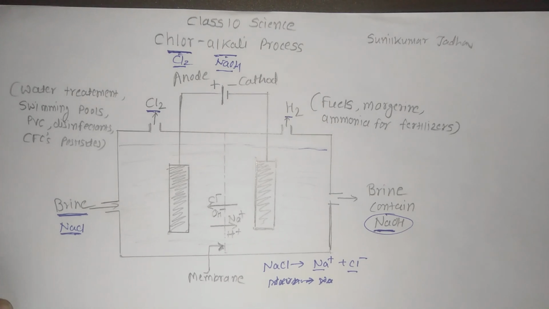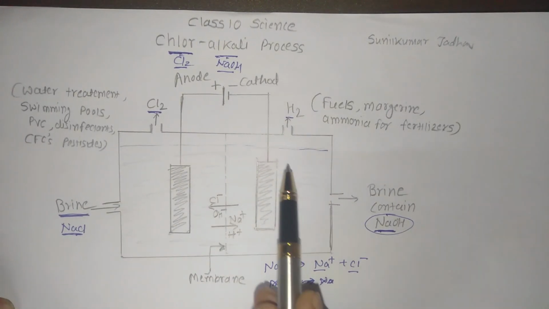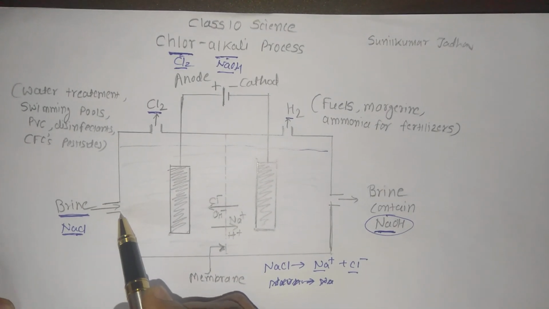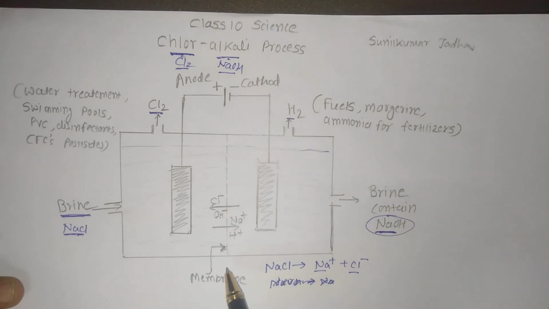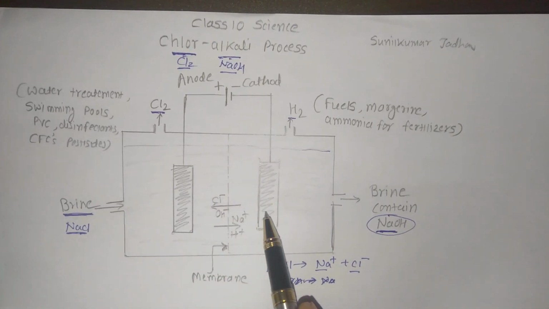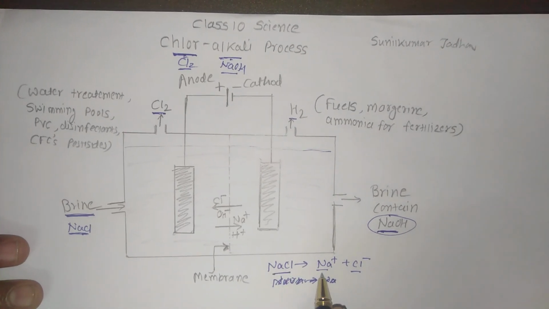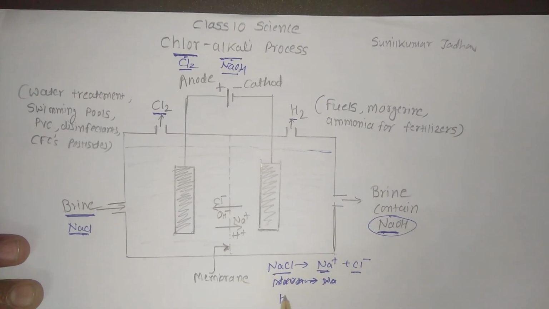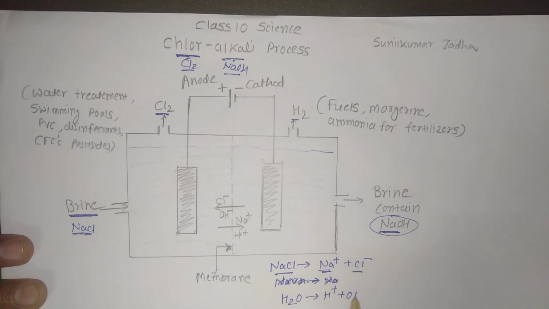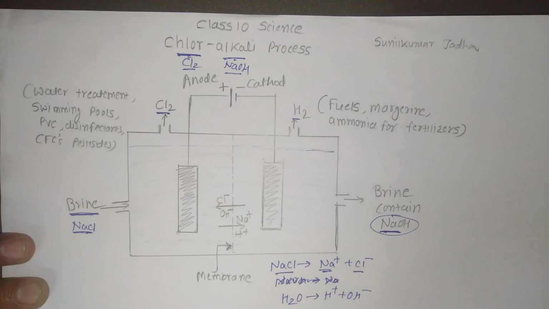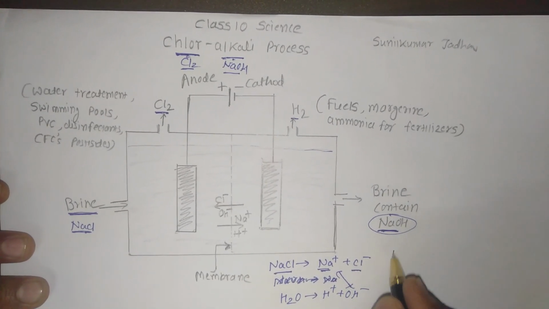How does this process occur? When the electricity is passed, here you can see it is a container. Here NaCl, that means brine, enters from here, and this is a membrane through which the charges should pass. When electricity is passed through here, what process will occur? NaCl will be converted to Na plus and Cl minus. H2O will be converted to H plus and OH minus. This Na plus and OH minus will combine to form NaOH.